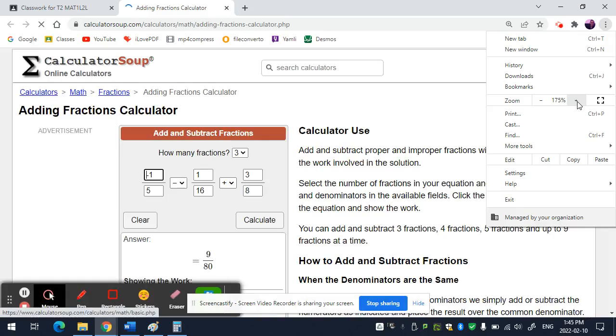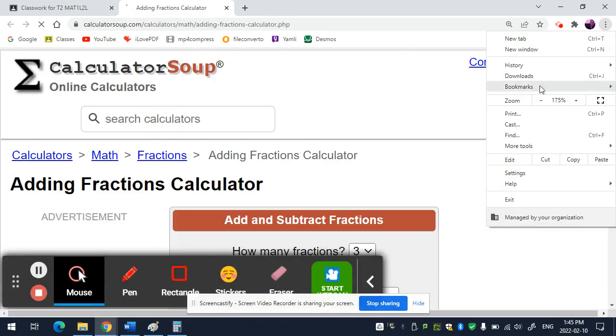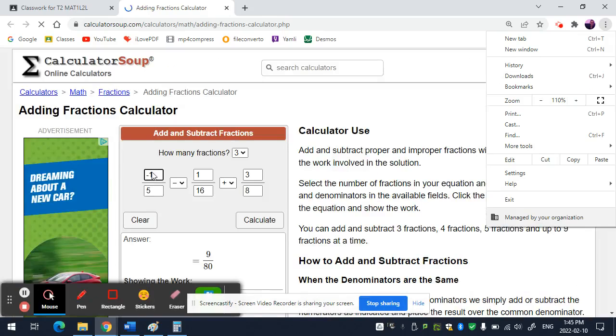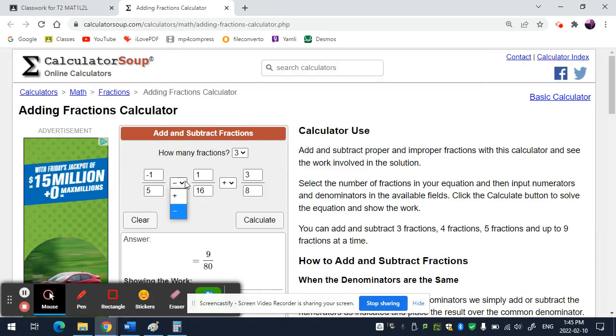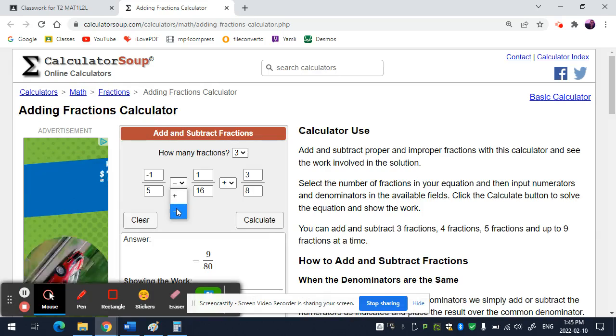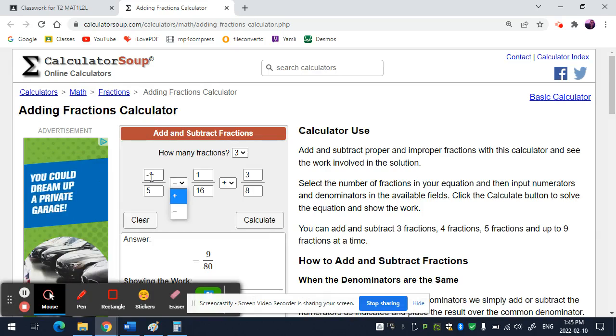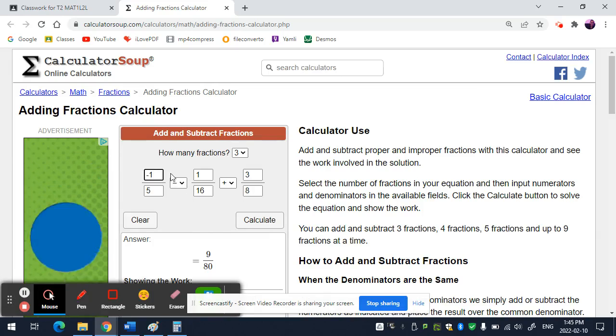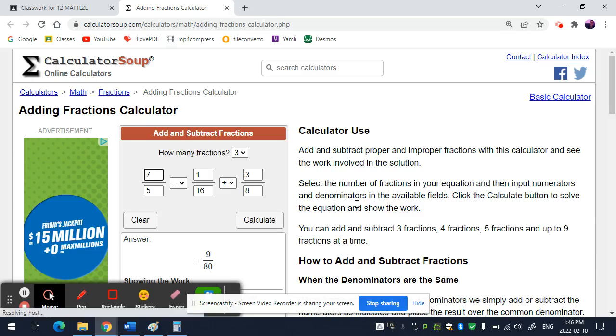All you have to do is put in the numbers, and you can choose to plus or minus, to add or subtract. So for example, let's change this number to the one we have here. 7 over 12.